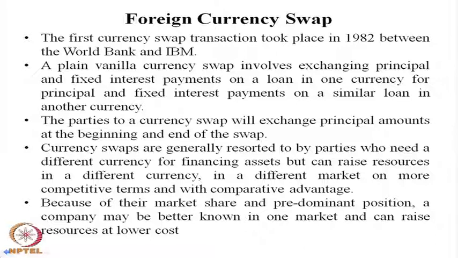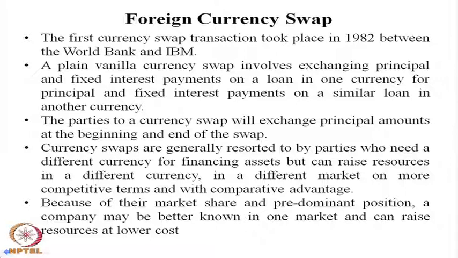In a currency swap, the payments involve the fixed principal payments and also the variable interest payments. The parties to a currency swap exchange the principal amount at the beginning and end of the swap.